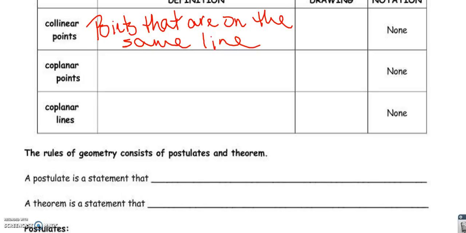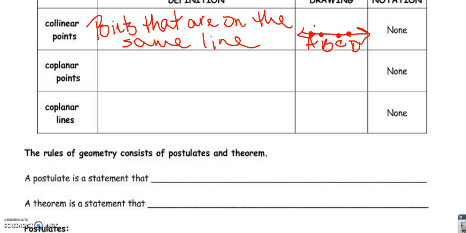And so if you had a long line here and you had all of your little points, and my points aren't looking too good, and I apologize. Okay, I guess I could make this really big. Make a point, make a point, make a point, make a point. So that is going to be a line that has collinear points. There's no notation for that, nothing word-wise that we write.